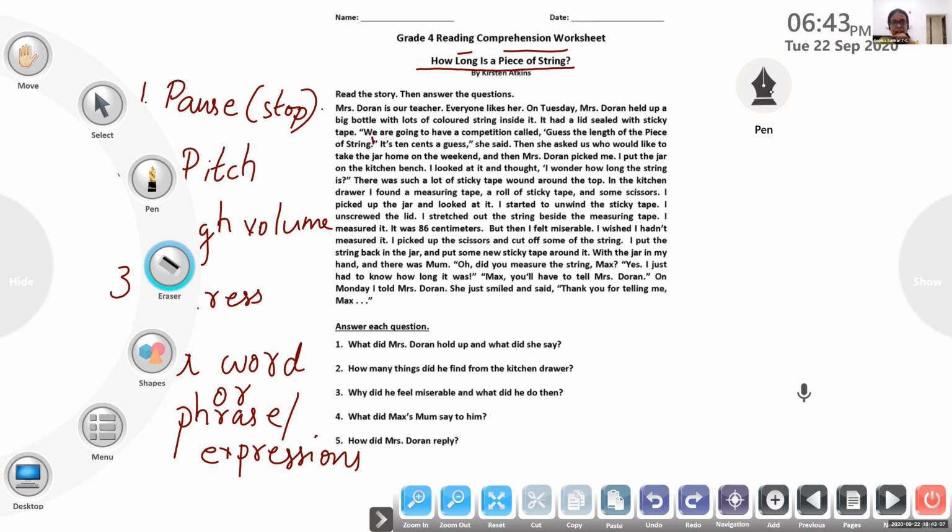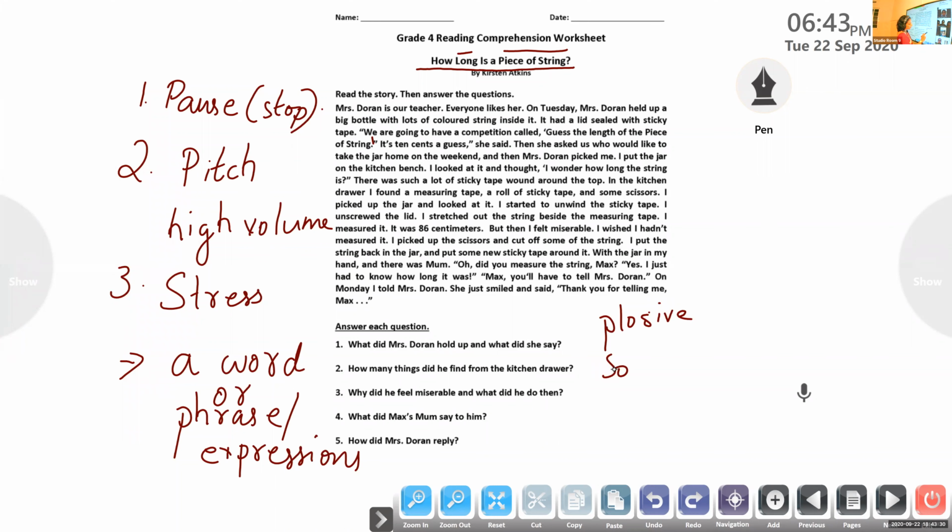Gopika, you're reading well. Your tone is perfect, but your pronunciation is a little bit to be attended. The plosive sounds are in trouble there. Give more concentration on picked, who would like to take the jar home on the weekend.